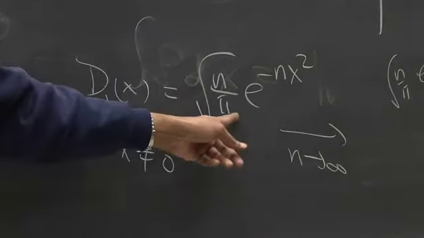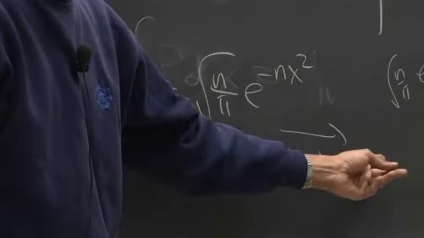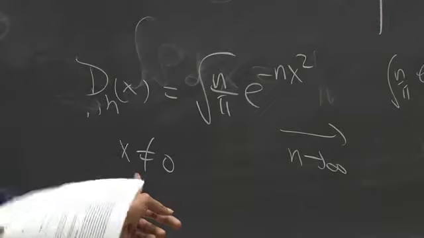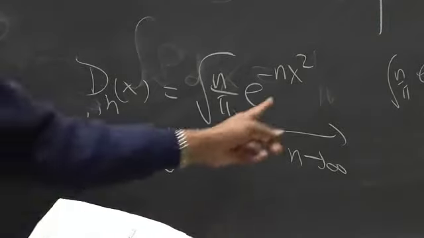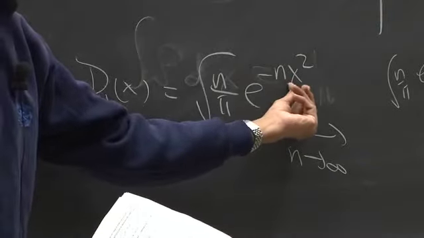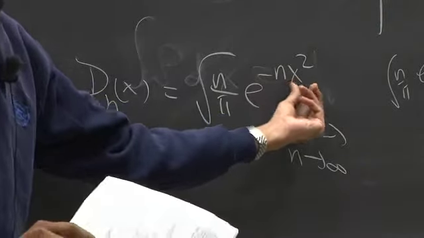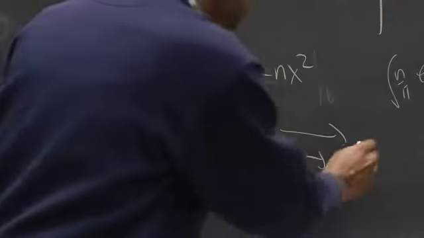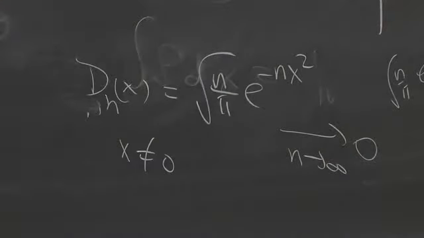What happens to this? This becomes 0, for any non-zero x. That's the important point, because if x is 0, then there is no exponential suppression. But when x is not 0, as n goes to infinity, this just goes to 0.